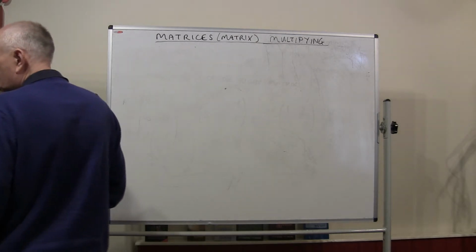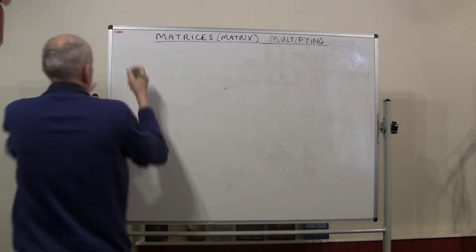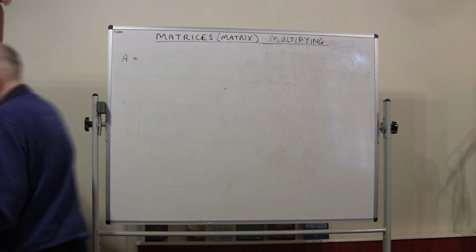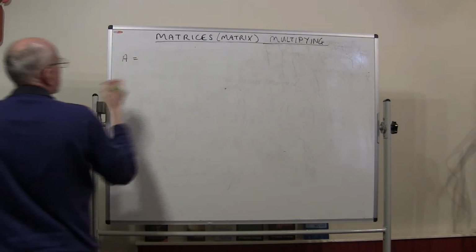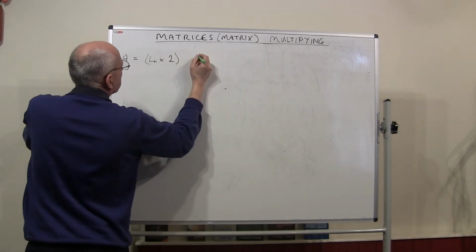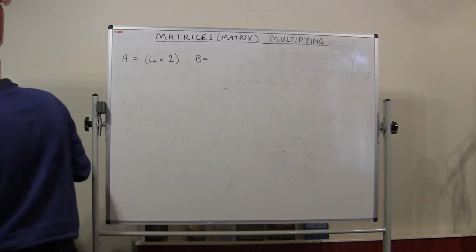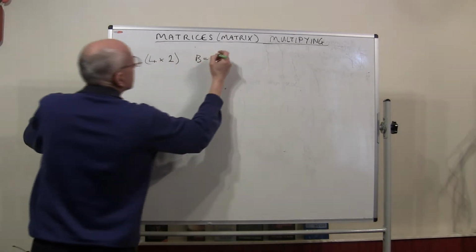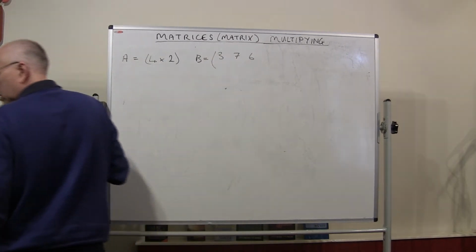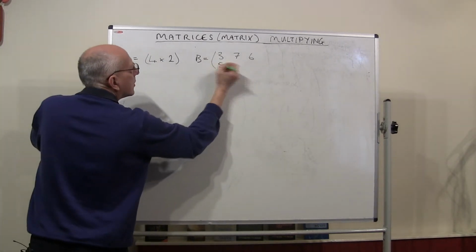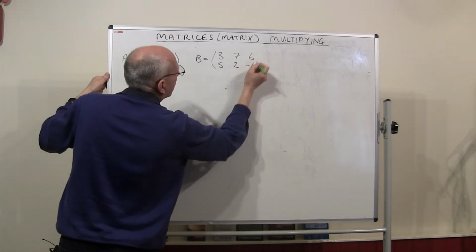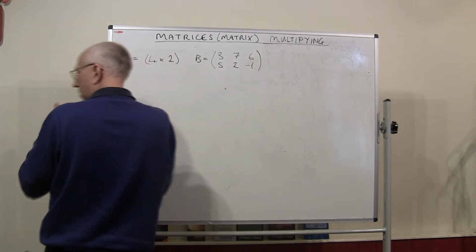Okay, so let's say A equals 4 2 and B equals 3 7 6, 5 2 minus 1.